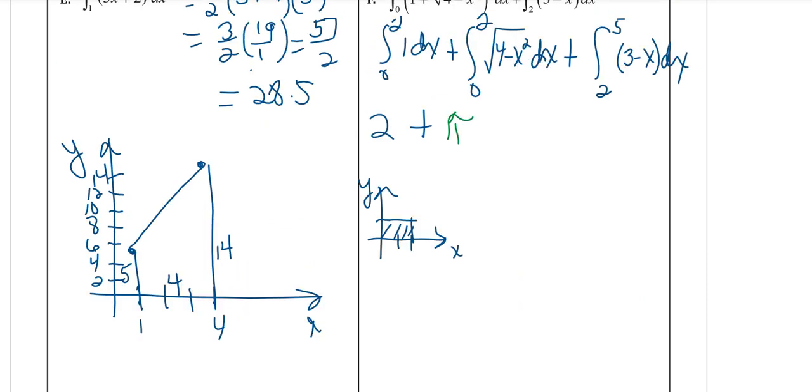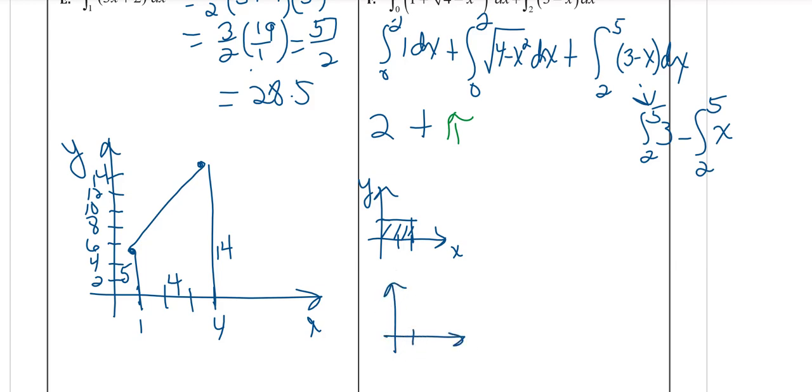Okay, so now we're going to have to do this part, and I'm actually going to split that up. I'm going to make this into the integral from 2 to 5 of 3 minus the integral from 2 to 5 of x. Okay, so that way it's going to be a little easier to do because that's going to be another rectangle.